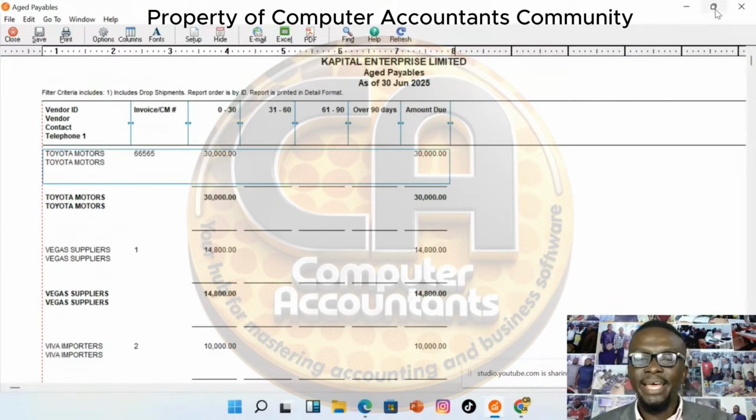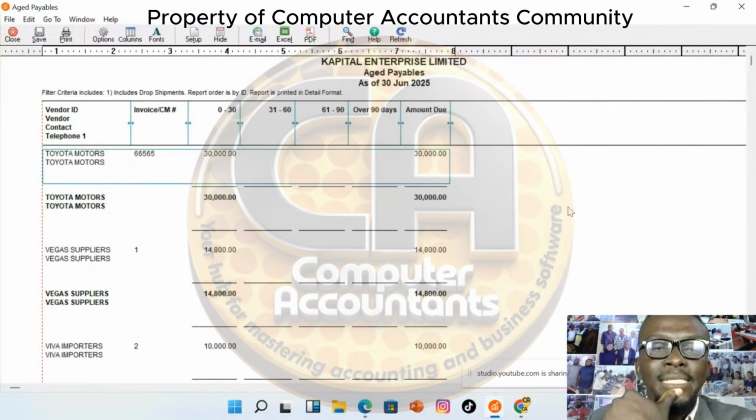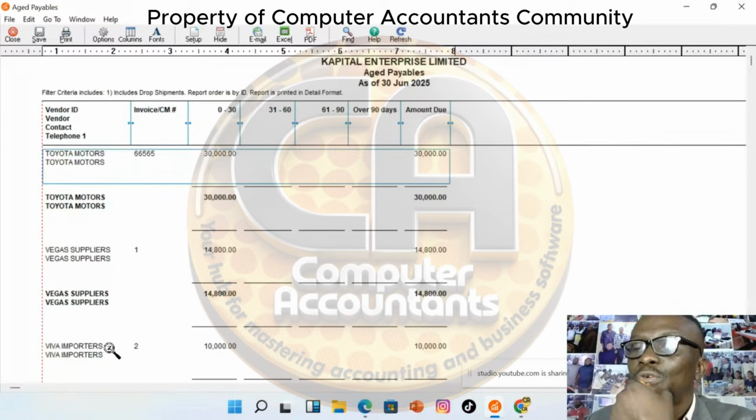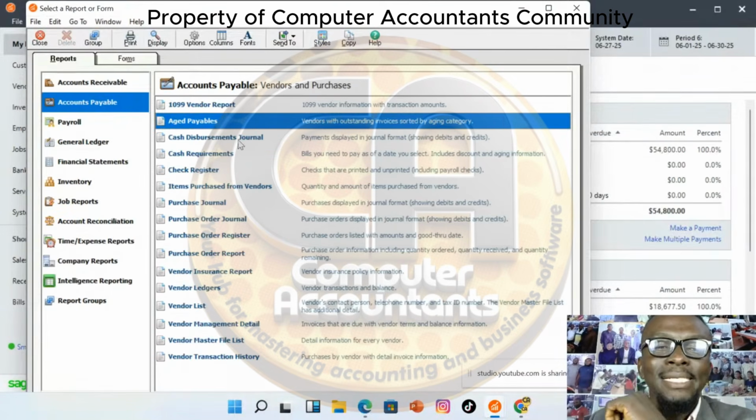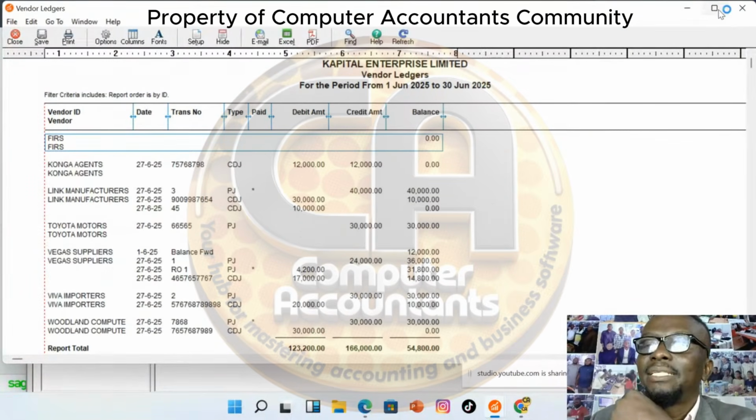From the list here, you can see that these are the people we are indebted to. We have Toyota Motors, Vegas, and Viva. So we are owing these vendors. You can also look at it in terms of vendor ledgers, to see how we arrive at the debt.